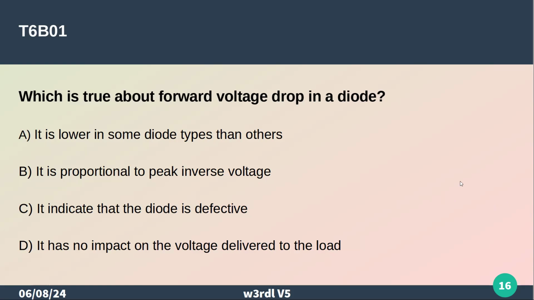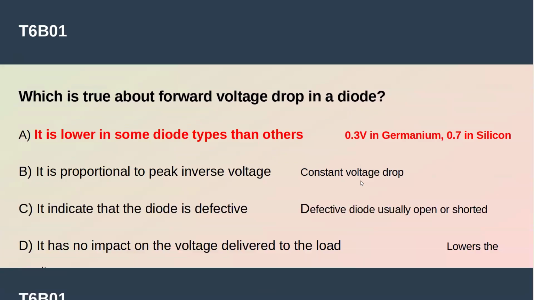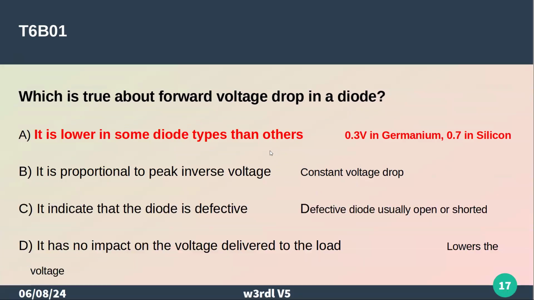How about alpha? Sometimes. Well, germanium diodes have a 0.3 volt forward voltage drop. Silicon has 0.7. That's why the question was, what is true about forward voltage drop in a diode? Some have lower than others. So that's how much voltage it takes for it to start to conduct.